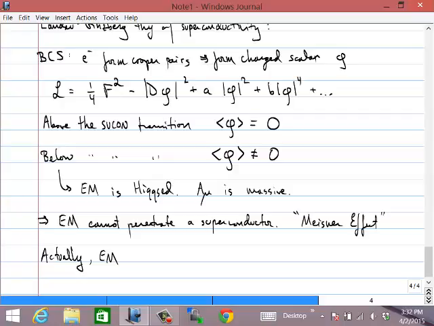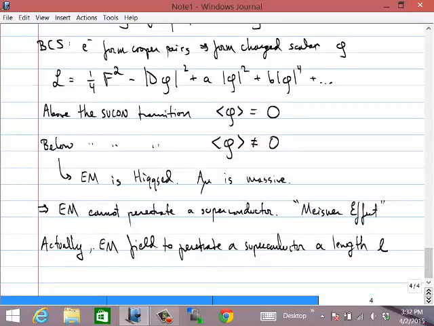And so you would expect an electromagnetic field to penetrate a superconductor to a certain length, L, which is determined by the mass of electromagnetism in the superconductor, which is determined by this Higgs mechanism.